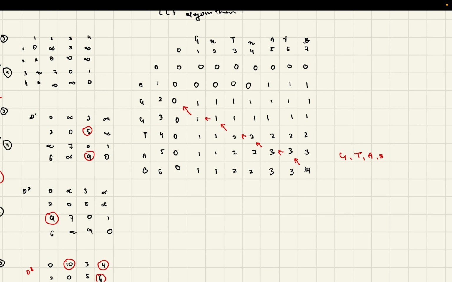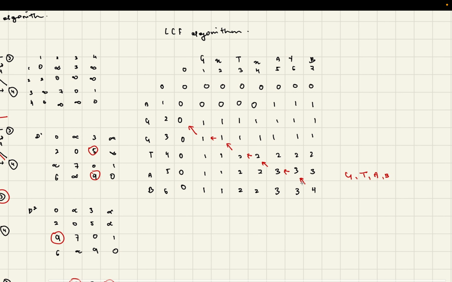And then at the end, when the matrices is complete, we need to ask ourselves where the 4 comes from. So the 4 comes from the 3 above. So when we move up the table, we need to pull out the alphabet so that we know the common alphabet is B. So we pull out B. And then where does this 3 come from, beside the 3?